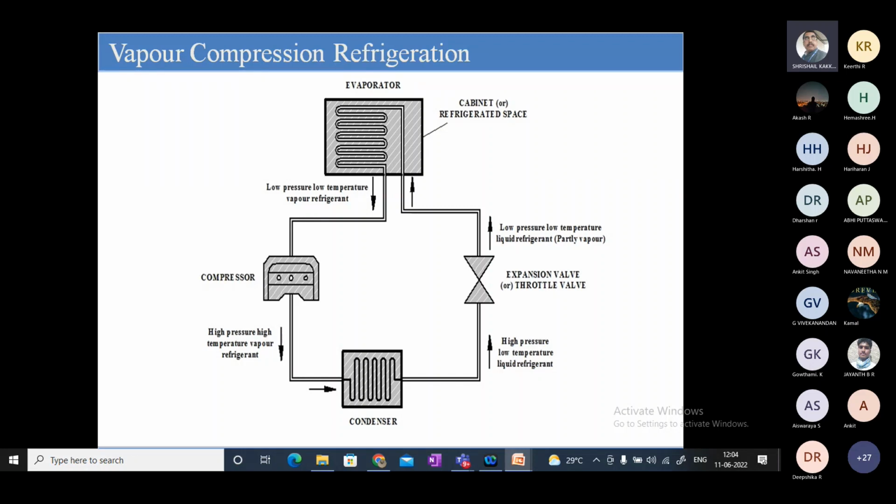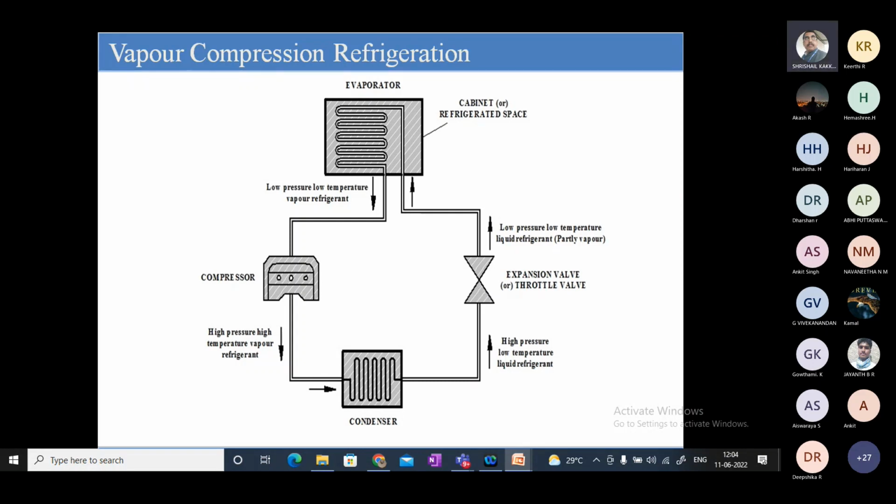Please try to remember this: the high pressure, low temperature, liquid refrigerant. This refrigerant is made to expand through the expansion device. This expansion device has a variable cross section due to the converging and diverging action of its cross section. What happens? The pressure will drop down.